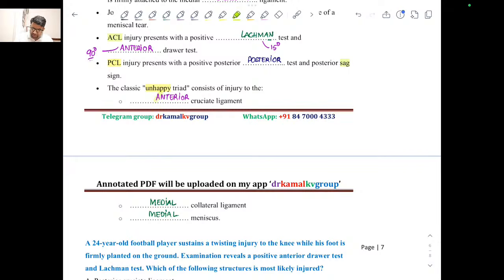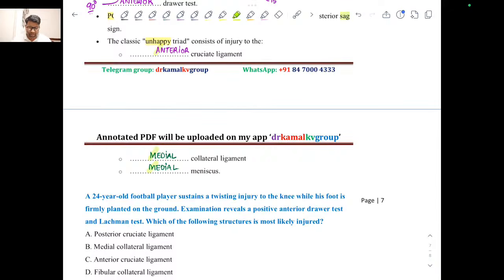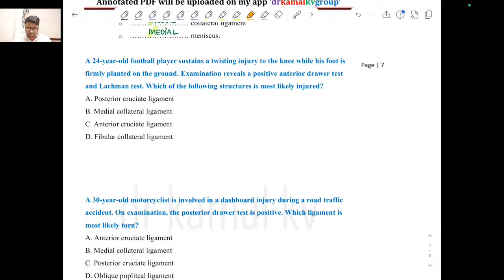Clear? So anterior cruciate, medial collateral, medial meniscus. So please remember this. This is very frequently asked. Chalo, let us take few practice questions.